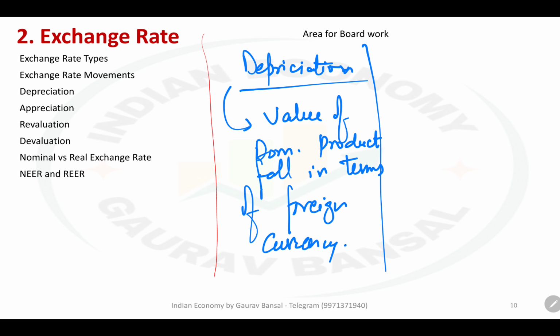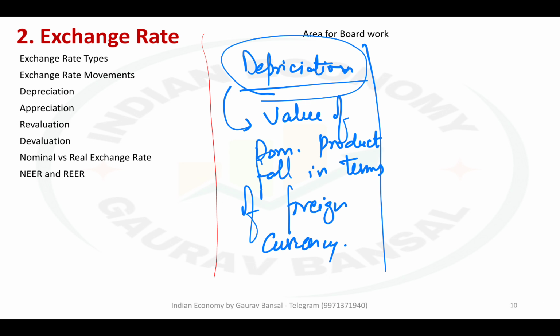So, in the case of depreciation, the value of domestic products falls in terms of foreign currencies. So it means they have become cheaper for foreigners. So that is why we should be able to export more and we would be importing less. Because if our products are cheaper for them, their products are more expensive for us. So this is the basic reason why countries love when their currency falls down.